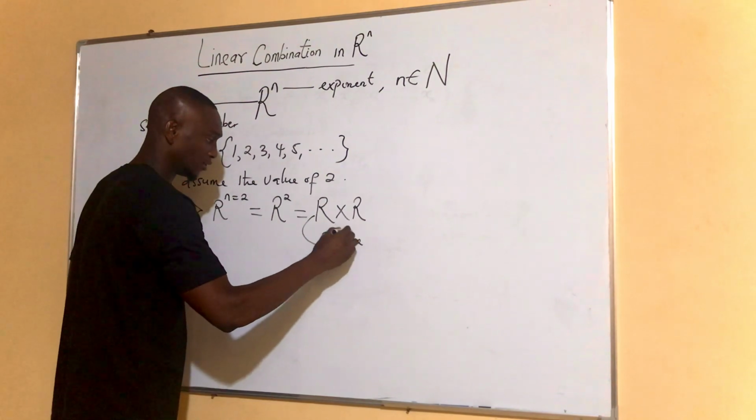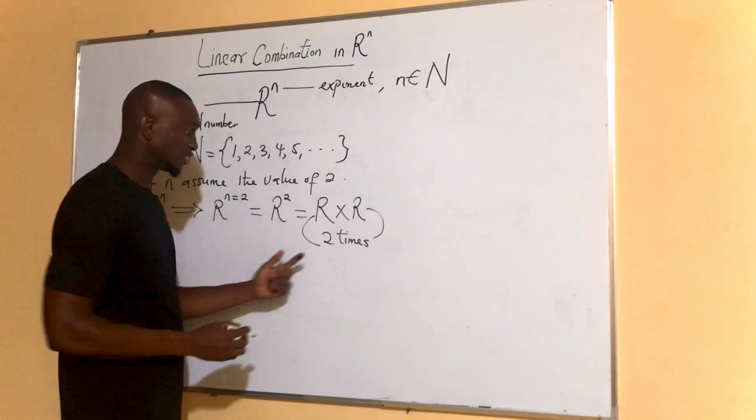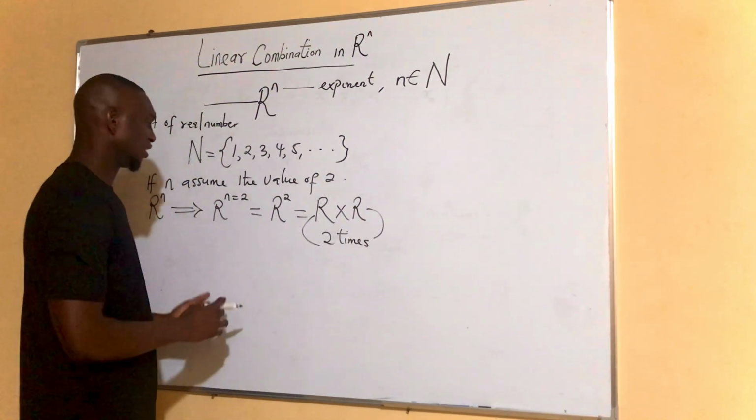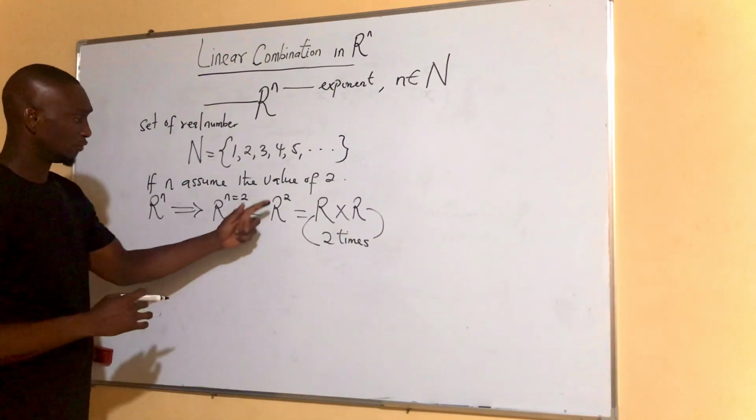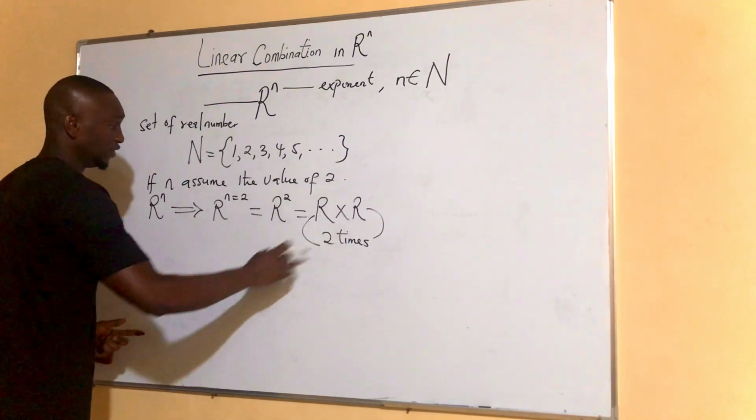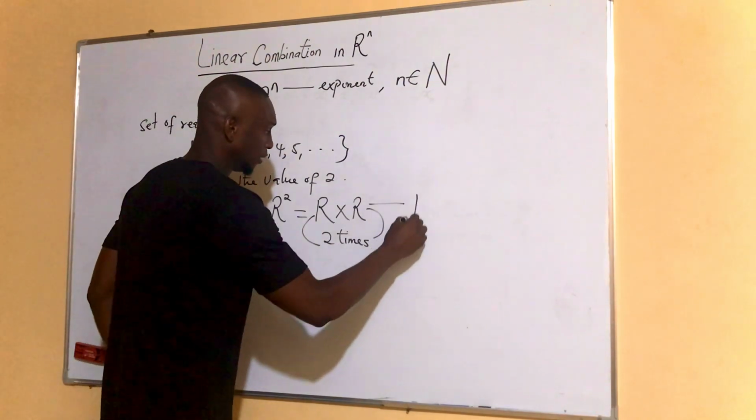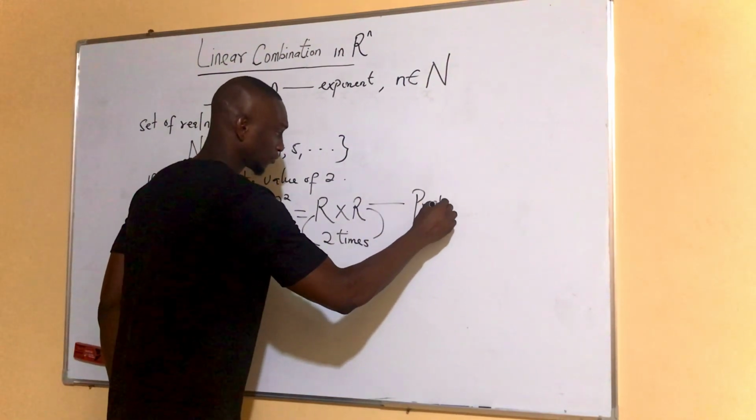This means that R multiplies itself twice. Now, R to the power of 2, which gives us R times R, produces what we call a product of sets.